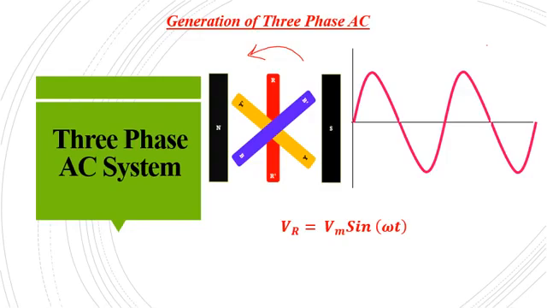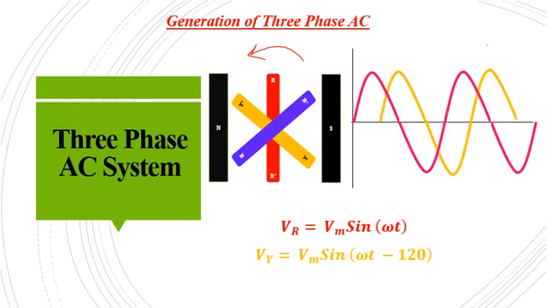So the voltage generated in the Y phase coil will be 120 degrees lagging from the voltage generated in the R phase coil, that is Vy is equal to Vm sin omega t minus 120 degrees. So the voltage in the Y phase can be drawn 120 degrees shifted from the R phase.